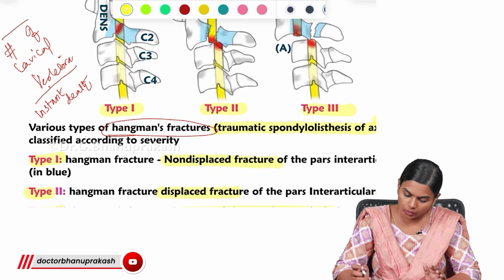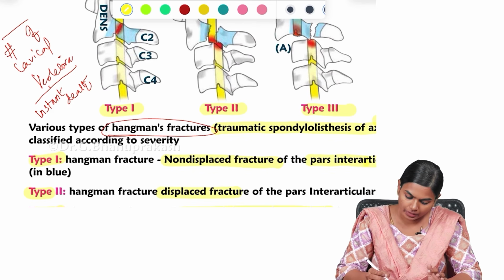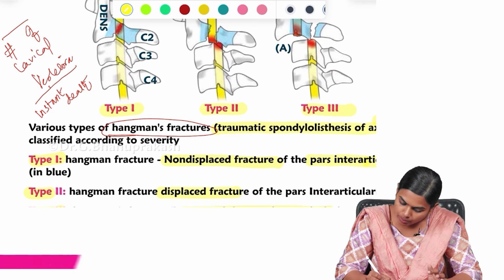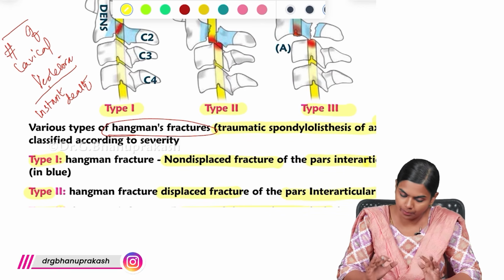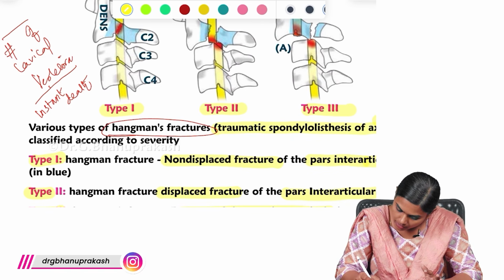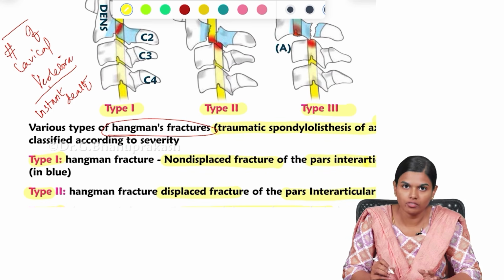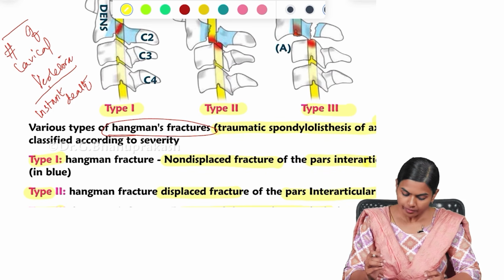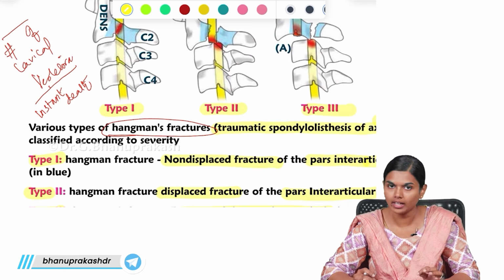So type 1, you get non-displaced fracture of pars interarticularis, and in case of type 2, you have displaced fracture of this same pars interarticularis. Here type 3, what happens is that you have the fracture of the pars interarticularis with dislocation of C2, C3 facet joints. So this is the 3 types of hangman fracture that is usually asked.